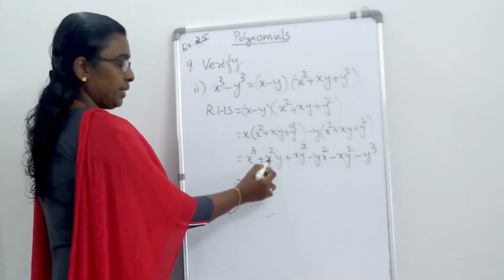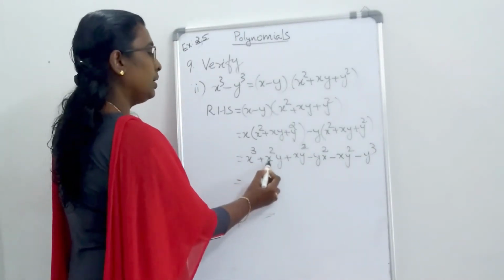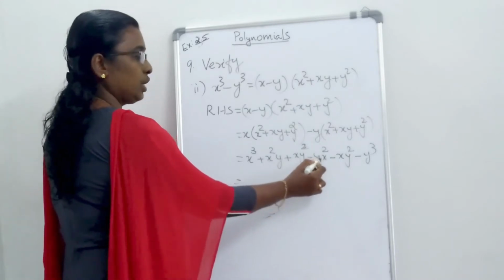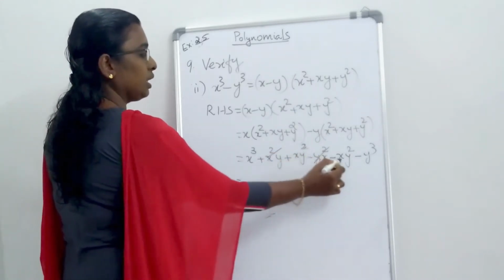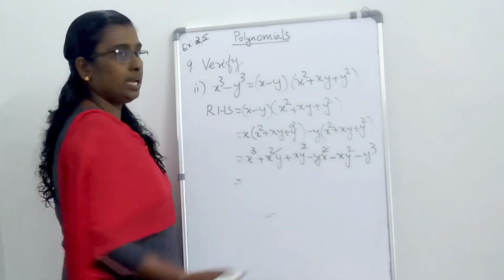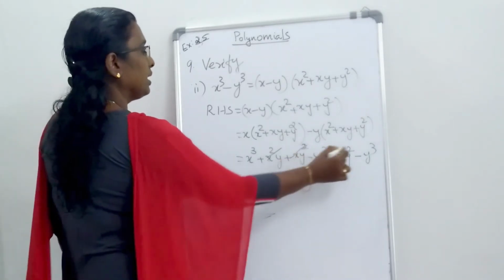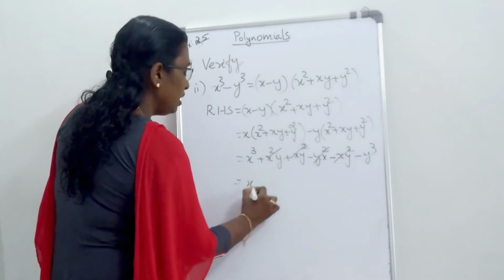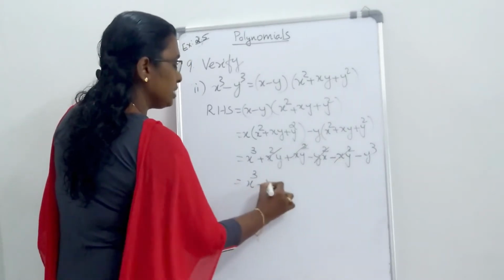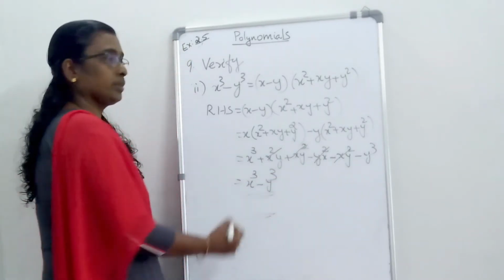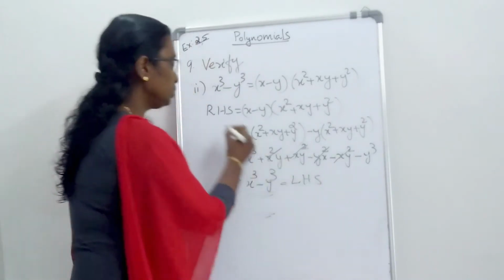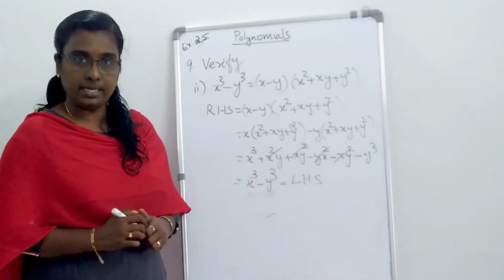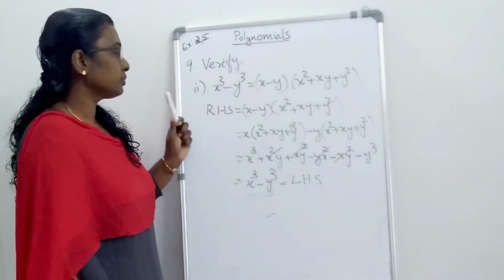Here x square y and minus x square y get cancelled. Here xy square and minus xy square get cancelled. The remaining terms are x cube minus y cube, which is our LHS. So RHS equal to LHS, hence verified.